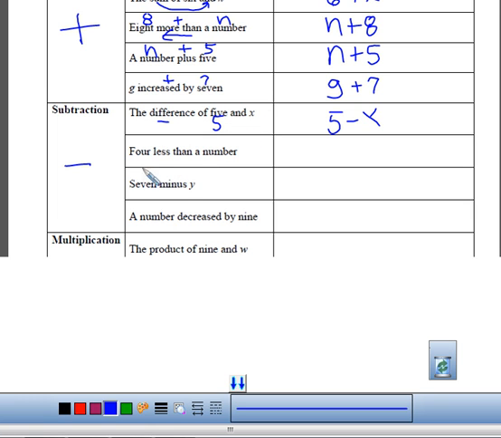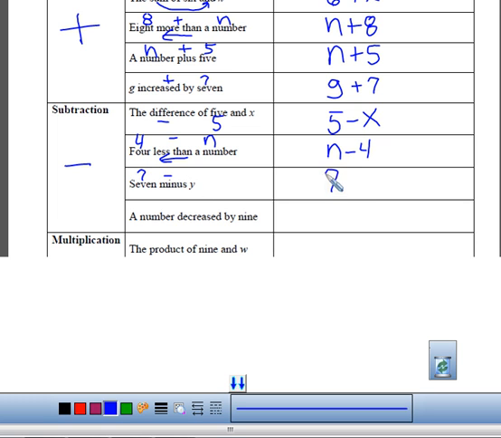The next one. 4 less than a number. So we got 4, less than is subtraction, and then a number is n. Now, when we do less than, or more than, or greater than, we switch the order. So it's not 4 minus n, it's actually n minus 4. And that's very important because those are not the same number if you switch them around. 7 minus a number, that one's nice and easy.